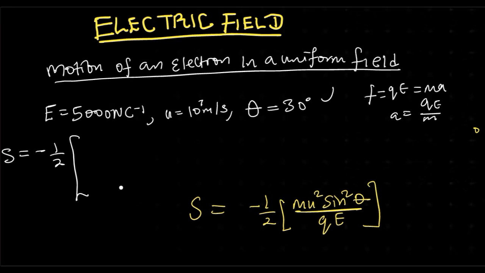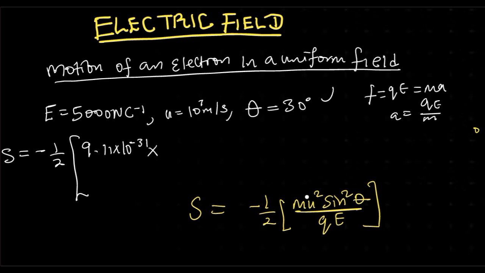Here, m is the mass of the electron, and the value for the mass of the electron is approximately 9.11 times 10 raised to power minus 31, right?